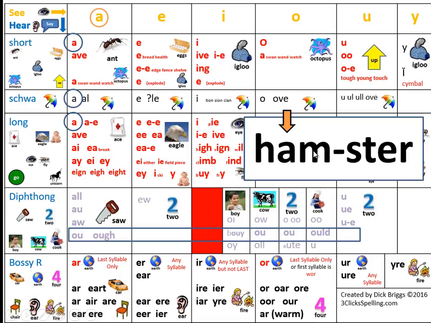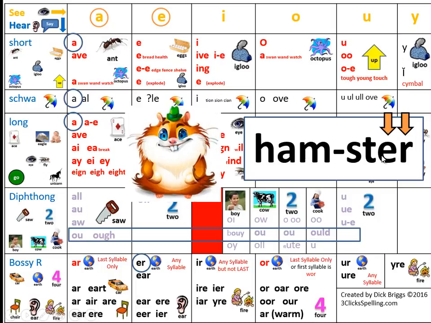Ham. Let's go to the next syllable. See the E. Go across. Oh, guess what? We have that R again. So this is going to be the bossy R one. So I can go down and find it. Stir, hamster, hamster. And there's our hamster.